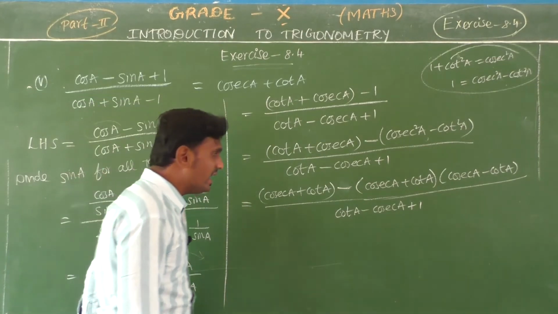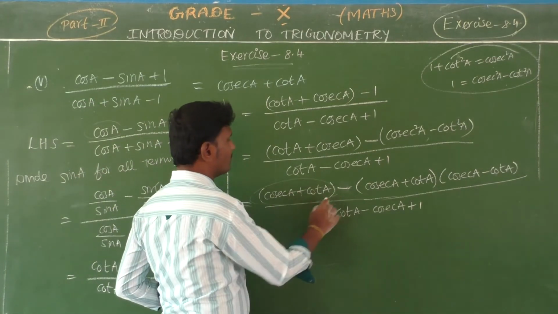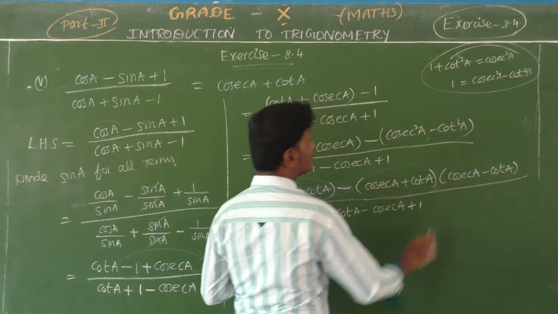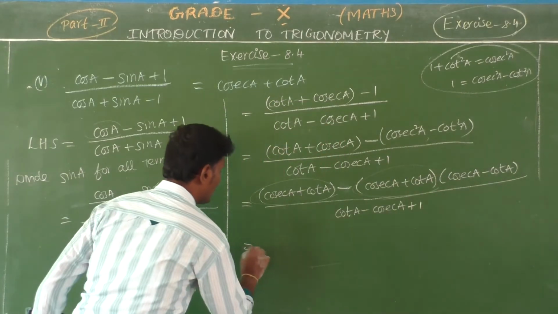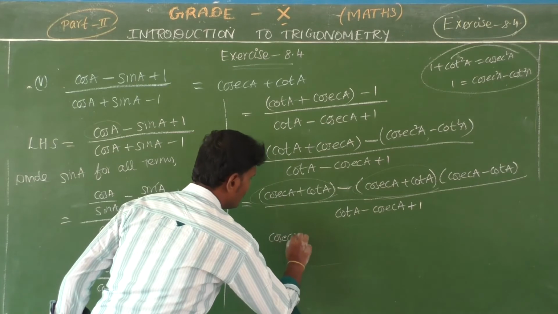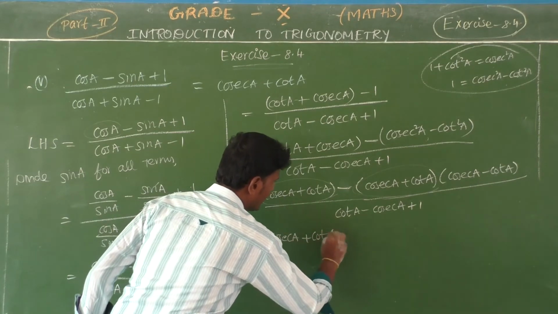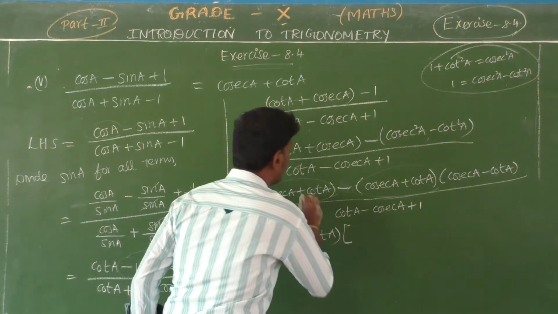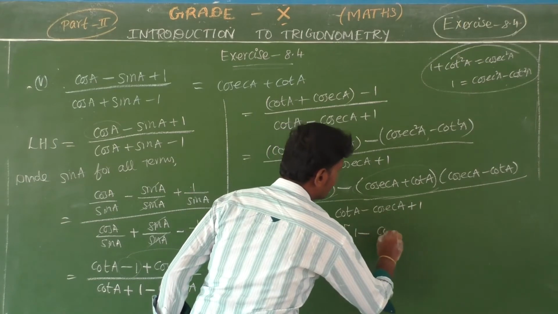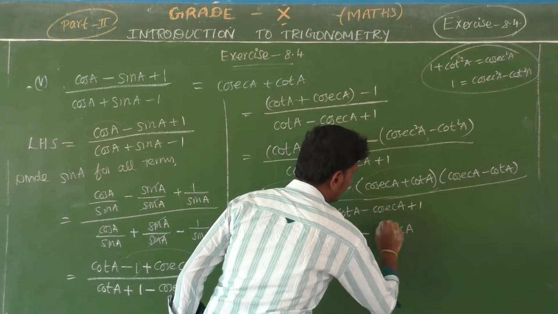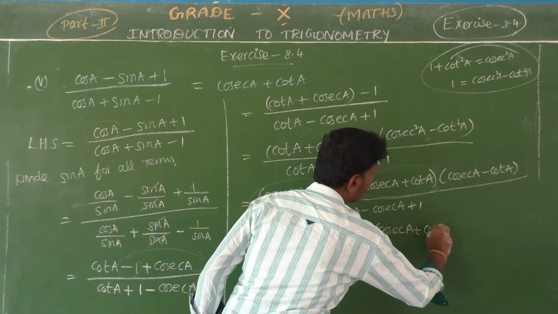Look at the numerator, you have a common term cosecant A plus cot A. Taking cosecant A plus cot A outside, you have the remaining 1 minus cosecant A plus cot A.